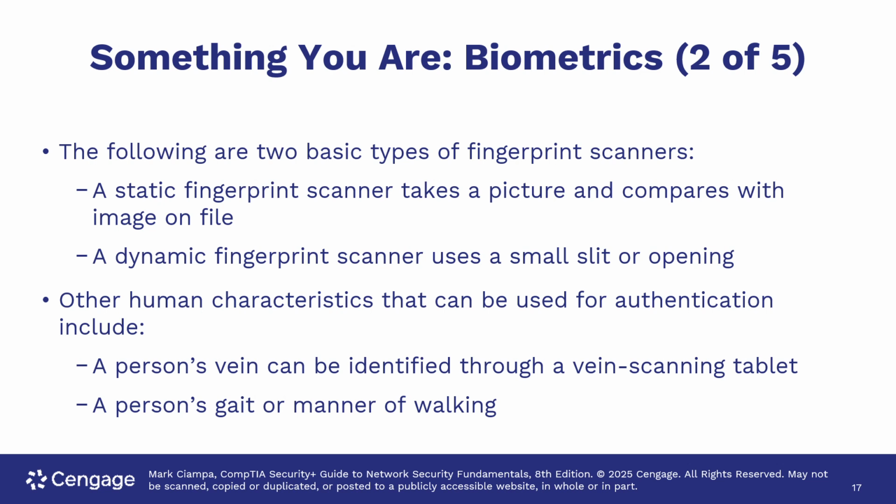You have a static fingerprint scanner and a dynamic fingerprint scanner. The static fingerprint scanner takes a picture and compares it with the image on file. Some of the laptops have those dynamic fingerprint scanners. They're a small slit where you just drag your finger across it. A vein scanning tablet: a person's veins can be identified, as can a person's gait, or the manner of walking.